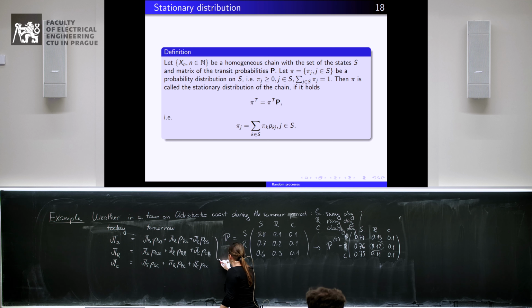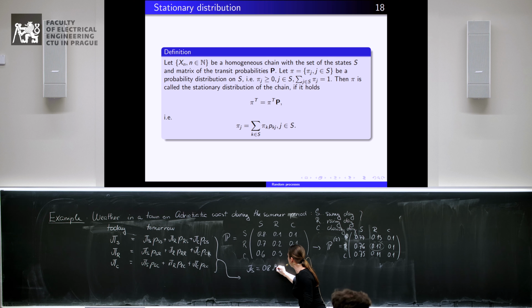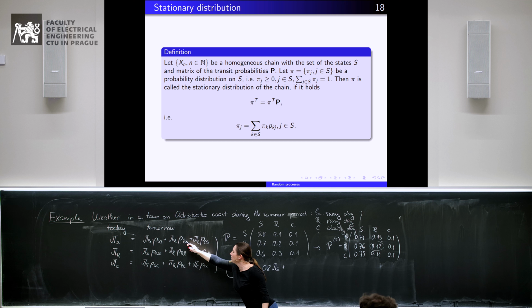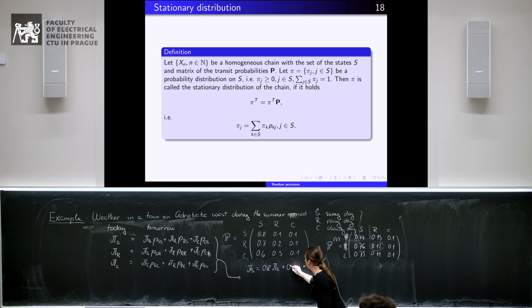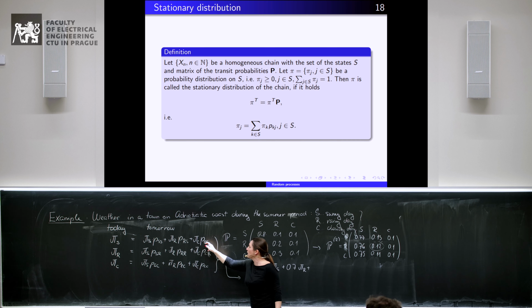So in our case, it is the probability of a sunny day which stays sunny is 0.8, plus the probability that the rainy day becomes a sunny day, plus the probability that a cloudy day becomes a sunny day.